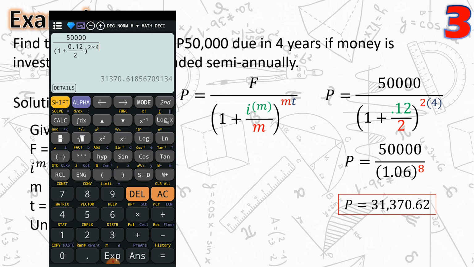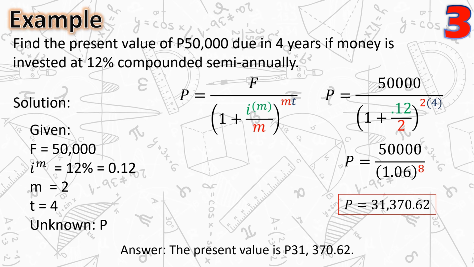The answer is 31,370 pesos and 62 centavos. Hence, the present value is 31,370 pesos and 62 centavos.